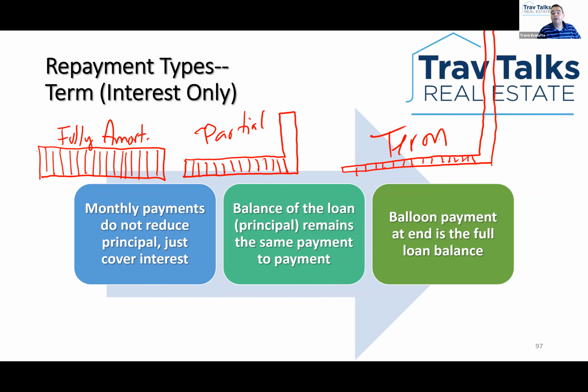I think probably you'll start to see a lot more people consider partially amortized loans and or term loans, because basically what they'll be looking at is, how can I minimize my expenses? And I'm going to pay it off when I sell it. When I sell it down the road and it's worth more money, I'll pay it off then. It's not a crazy thought process, William, at all.